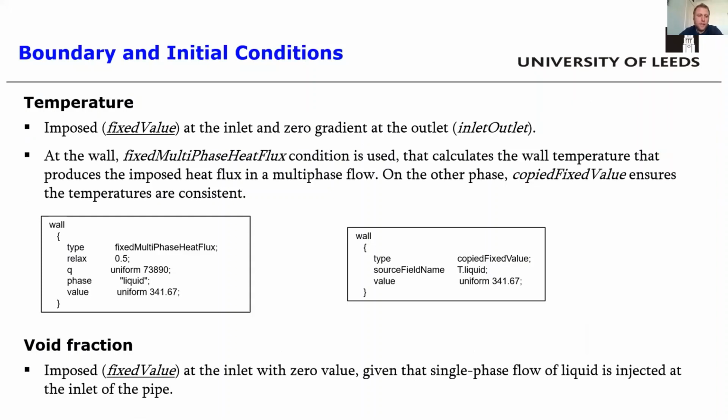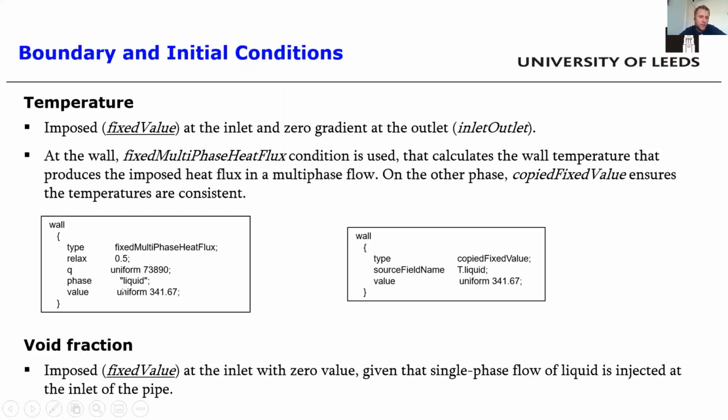Settings are more or less the same as before, but now we have temperature. So we have an imposed fixed value of the temperature at the inlet equal to the experiment and the zero gradient condition at the outlet, again imposed with inletOutlet. At the wall, the imposed heat flux is fixed using this fixed multiphase heat flux condition, which essentially calculates the wall temperature that produces the imposed heat flux that we want.